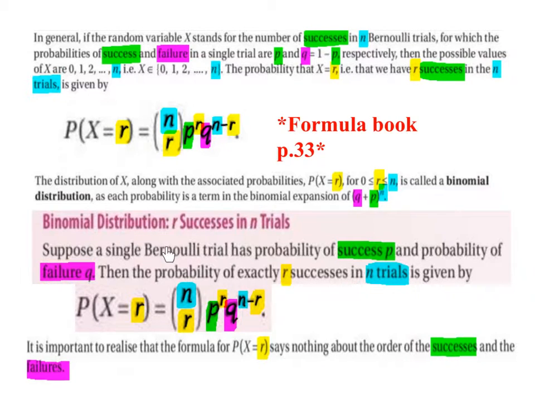Suppose a single Bernoulli trial has the probability of success P and the probability of failure Q. Then the probability of exactly r successes in n trials is given by the probability of X is equal to r, which is equal to n choose r, times P to the power of r, times Q to the power of n minus r. It is important to realise that the formula for the probability of X equals r says nothing about the order of the successes and the failures.